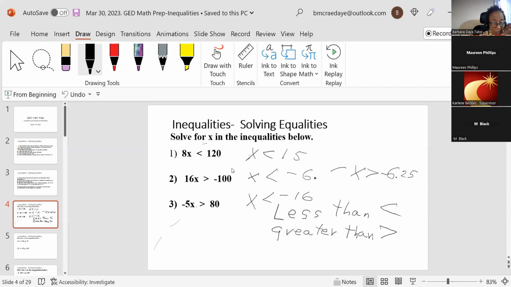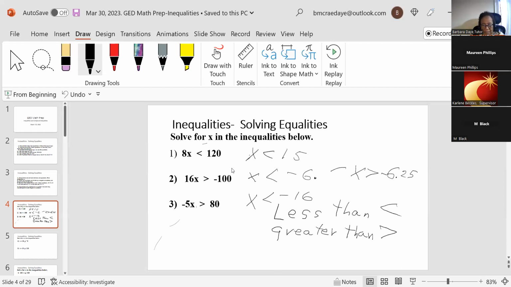Yes, because dividing plus by minus gives minus. 80 divided by negative 5 is minus 16. So you reverse it because you divide by negative. So it should be x less than minus 16. Number 2 should be x greater than minus 6.25. And number 1 should be x less than 15.